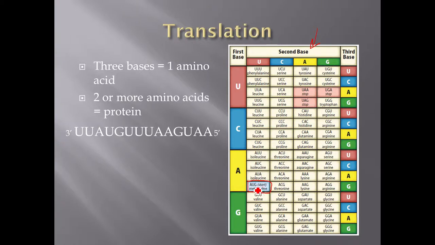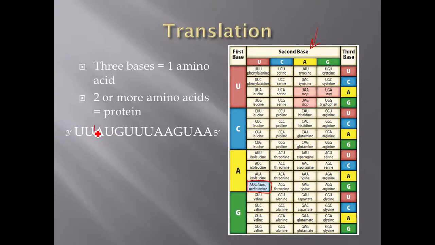What that means is that this will only start making amino acids once it's encountered the letters A, U, G together. So the UUA happened before we had any kind of a signal to start. So this wouldn't work. So the 2 U's here don't turn into an amino acid.